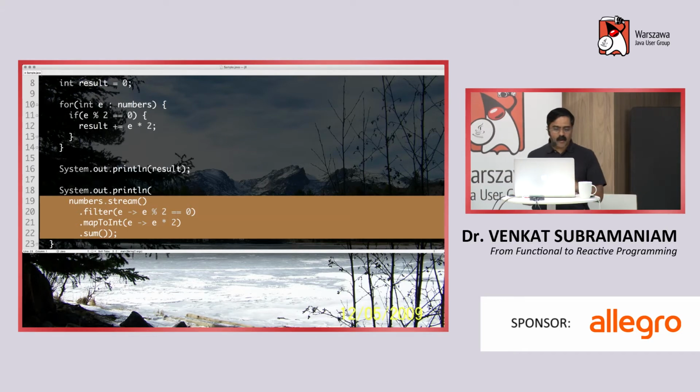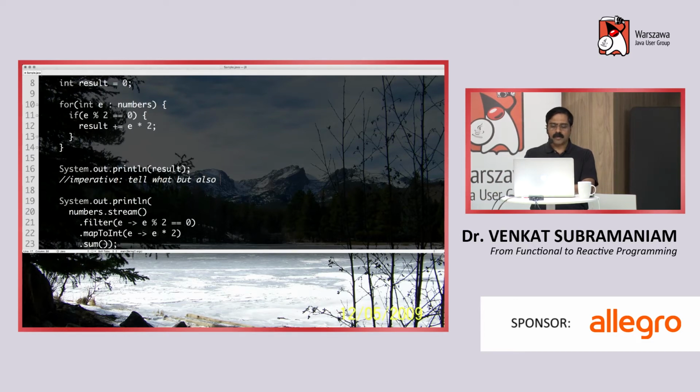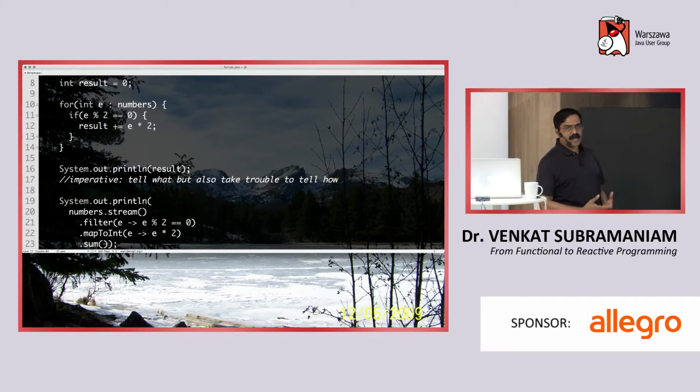But that brings up the question, what about imperative versus declarative versus functional? What are we really talking about? Well, first of all, in the imperative style, we tell what, but also take trouble to tell how. And that is really the essence of imperative style of programming.